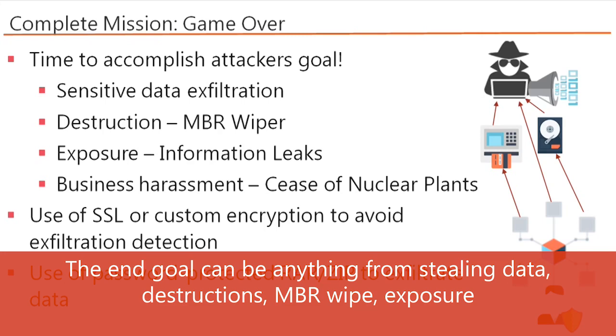As soon as you reboot your system, it will not load the OS ever, and you need to fix it manually, an engineer team or somebody. So it's pretty destructive when you just write those 512 bytes. That's the MBR wiper.